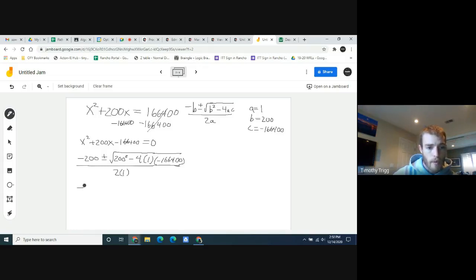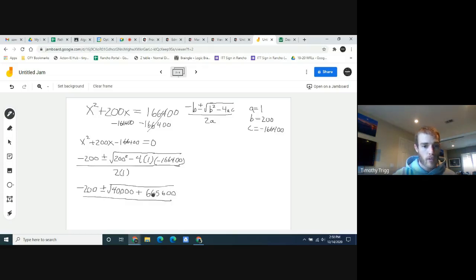So let's start working this out. Negative 200 plus or minus the square root. 200 squared is 40,000. Plus, because negative times negative makes that positive, and it's going to be 4 times that. So 4 times 166,400 equals 665,600.